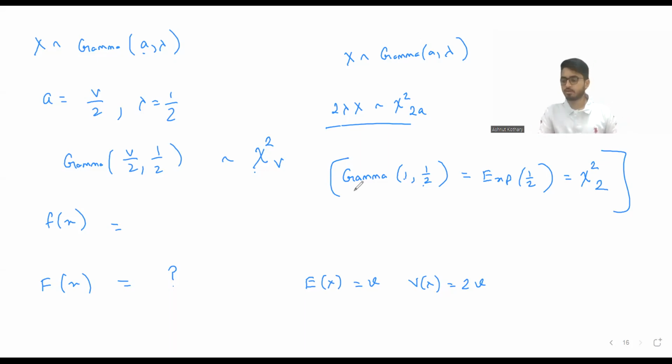If I start from here, gamma 1 comma half. So my alpha is 1, lambda is half. So gamma follows V by 2 comma half. What is my V over here? As in gamma V by 2, alpha is 1, so my V will become nothing but 2. 1 into 2, so chi-square 2.